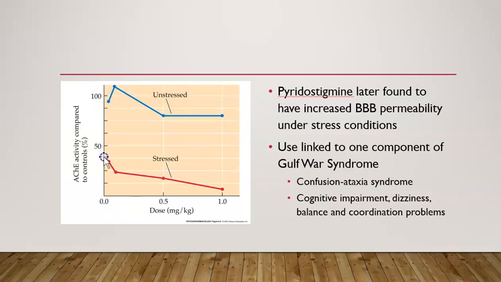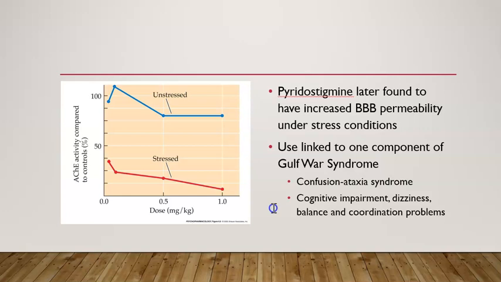However, in a stressful environment, we have a decrease in acetylcholine esterase activity due to the permeability of the blood-brain barrier, which allows the pyridostigmine to enter the brain and cause a decrease in activity. So this is what's thought to be one reason for the Gulf War syndrome.